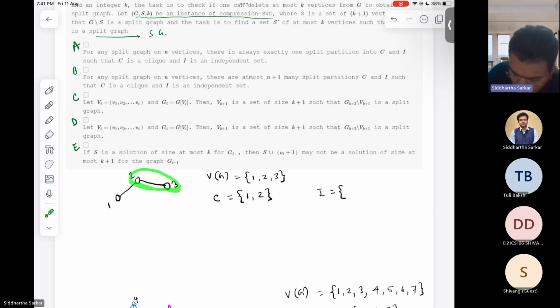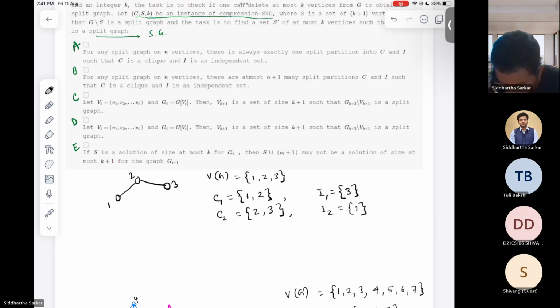The other way is consider this edge as the clique of size 2, and this is the independent set. So you are right, Shivang. So this is one way to split. Let's say this is C1, I1. The other way to split is consider 2, 3 as the clique, and the other vertex is the independent set.